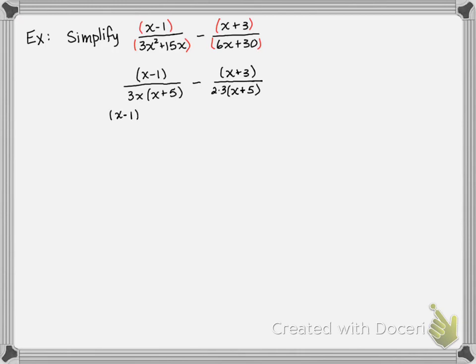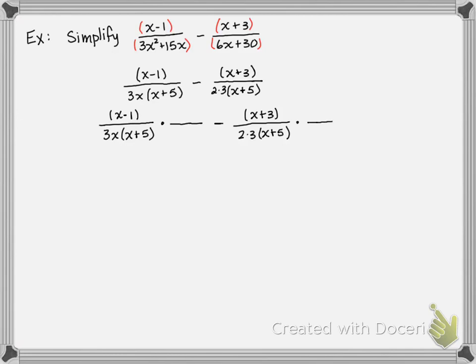So now we'll set this up to get common denominators. So we've got 3x times x plus 5. I'm going to multiply by something there. And then x plus 3 over 2 times 3 times x plus 5.